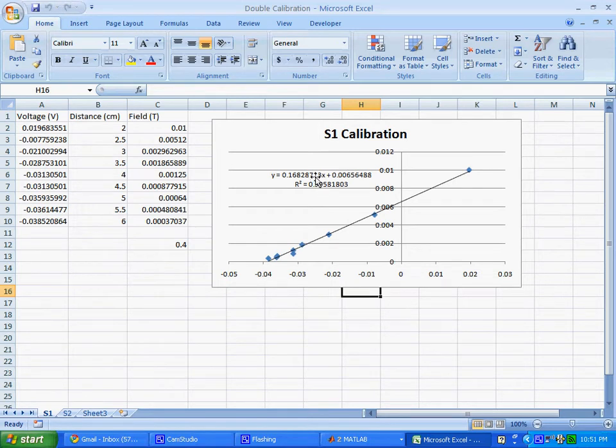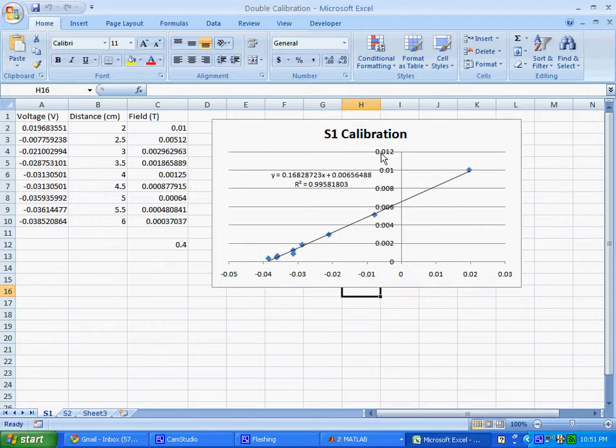Basically, what I did was I just restricted the motion to just the z direction, so up and down. And by doing this, I could determine the expected field from the magnet I was using, and determine the equation that would relate the voltage coming out of the magnetic Hall effect sensor to a final field value.